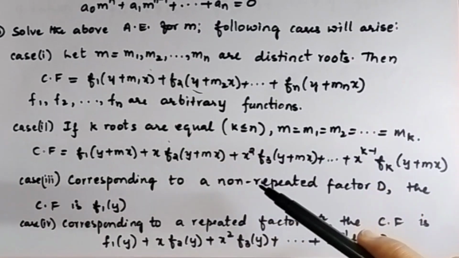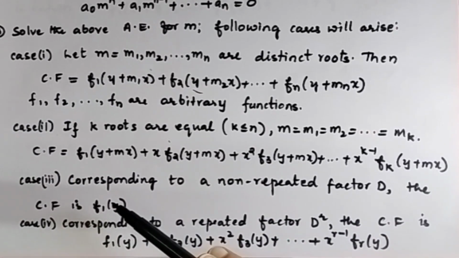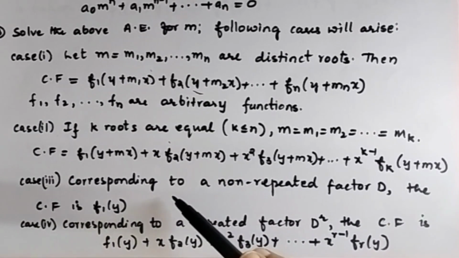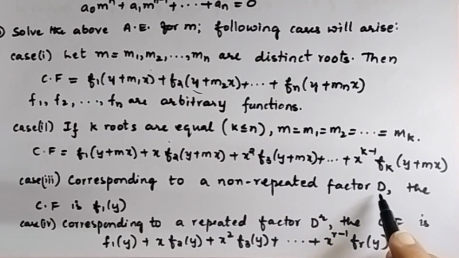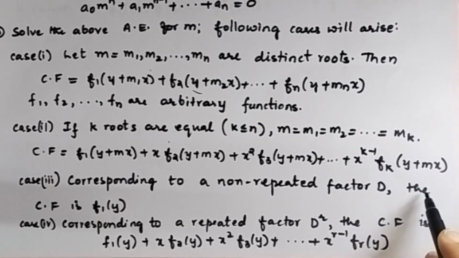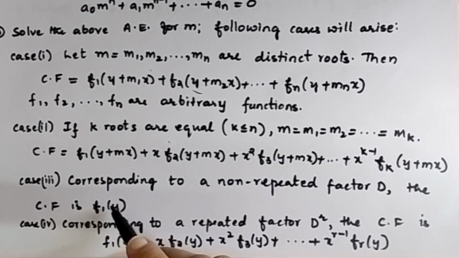Then along with that, there are four more cases. Those cases have to be remembered. Corresponding to a non-repeated factor d, if there is independent irreducible factor d, then complementary function is chosen as f1 of y.